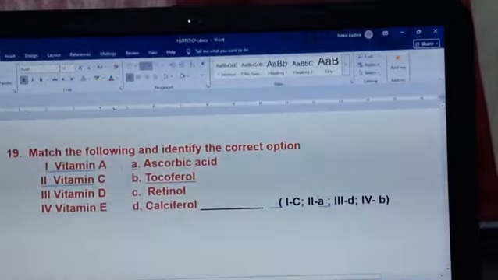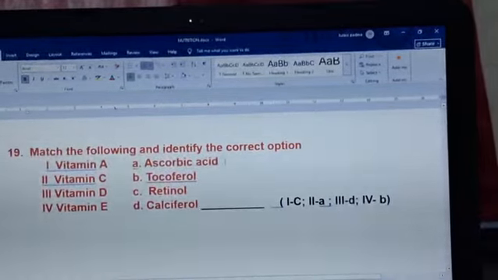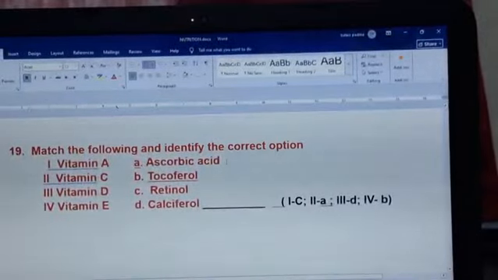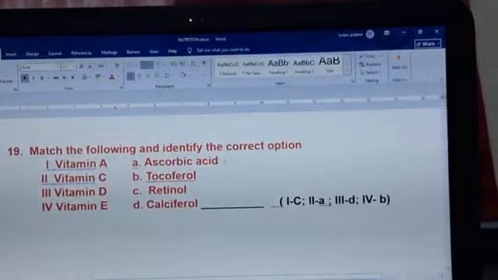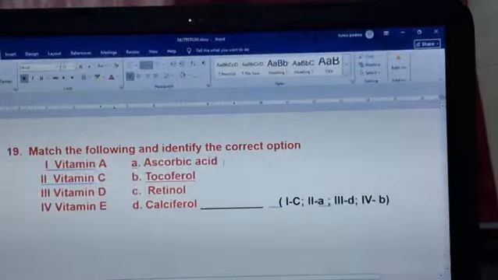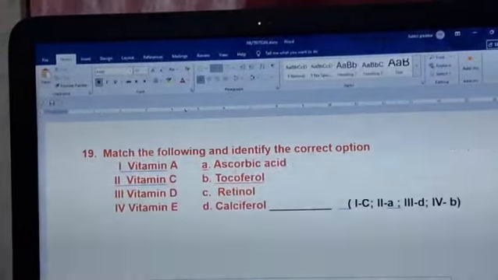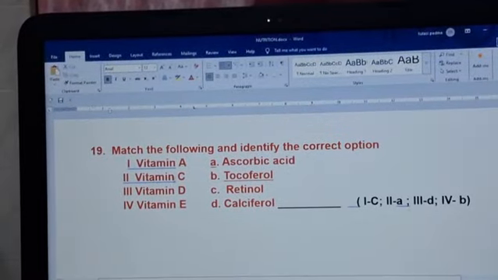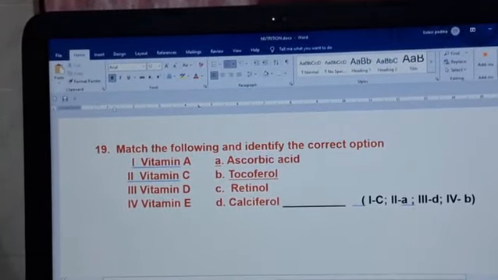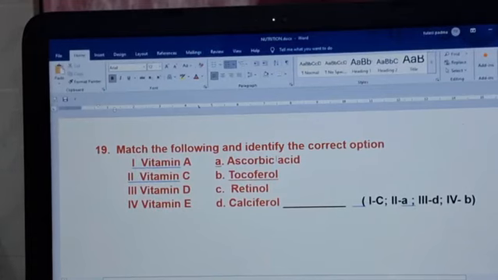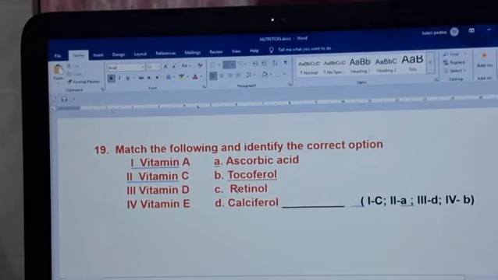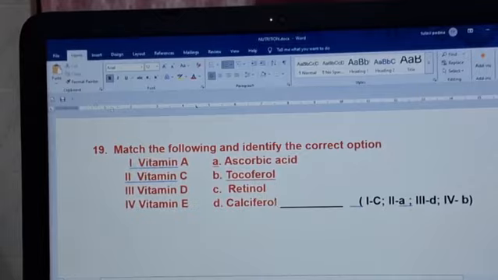Now 19th one. Match the following and identify the correct option. Vitamin A, vitamin C, vitamin D, vitamin E; ascorbic acid, tocopherol, retinol, calciferol.